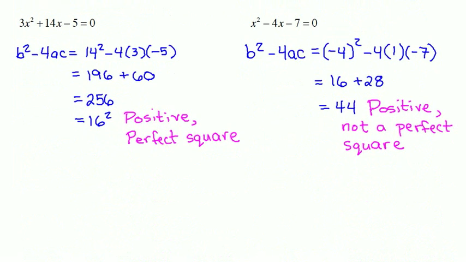Looking now at these other two, I can see that in the first one I get a positive number that is a perfect square because it comes out to be 256, which is the same as 16 squared. And in the second one I get a positive number that is not a perfect square. So both of these equations have two real solutions, but in the case of the first one, they are both rational numbers.